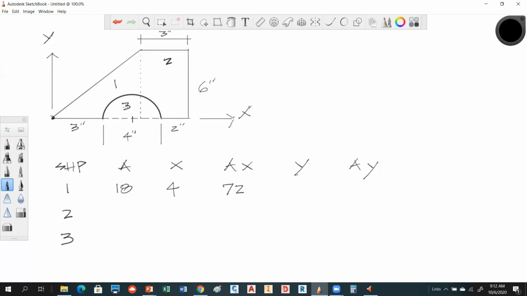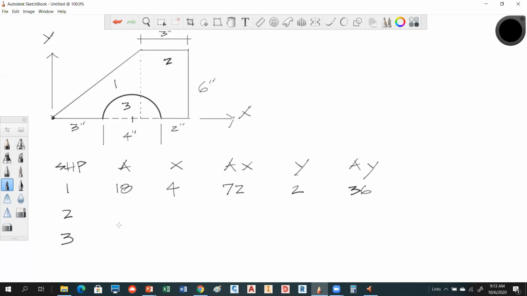So we're coming up 1/3 of this distance, which is 6. So 6 divided by 3 gives us 2 for this guy. 2 times 18, 36. You agree? And then that takes care of that guy.